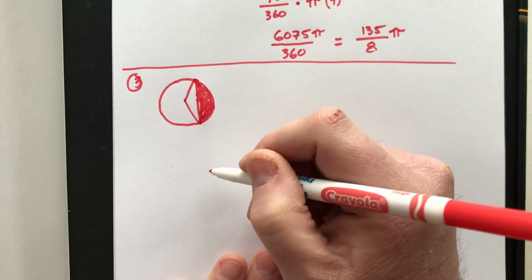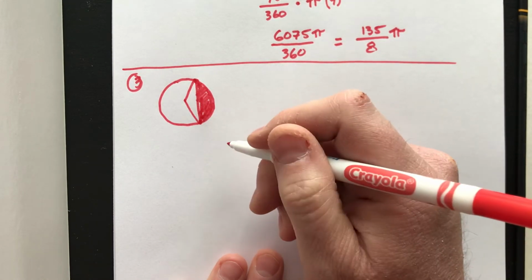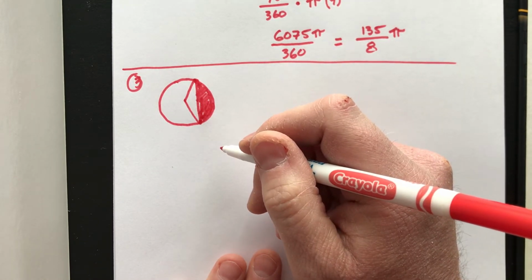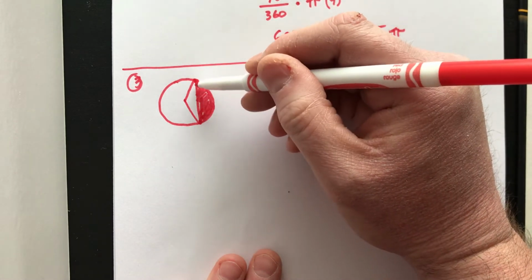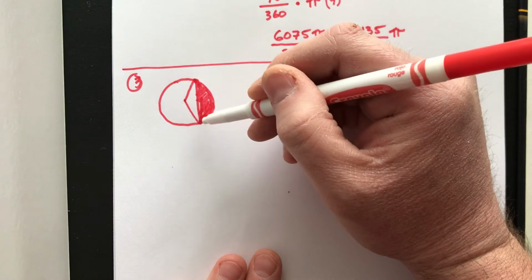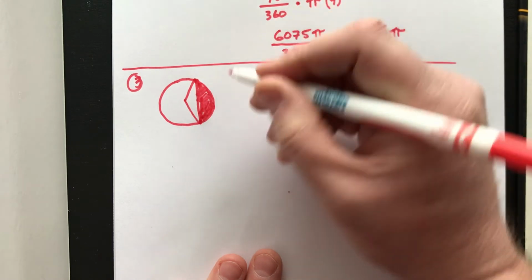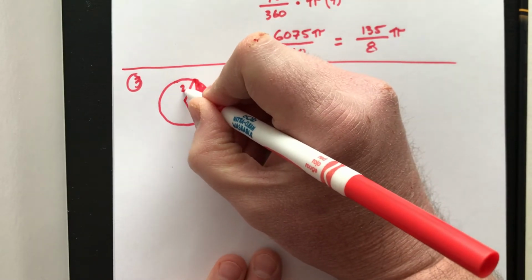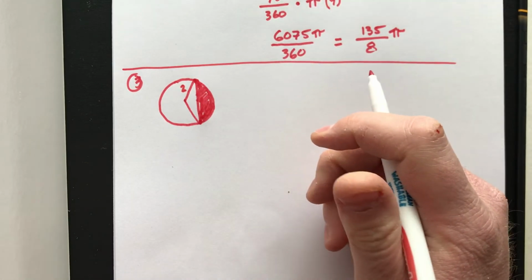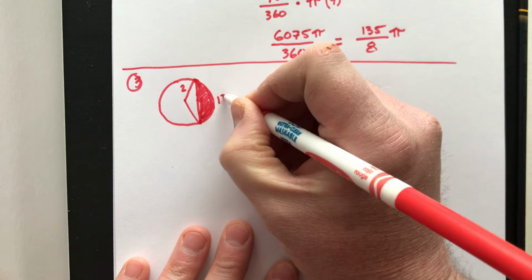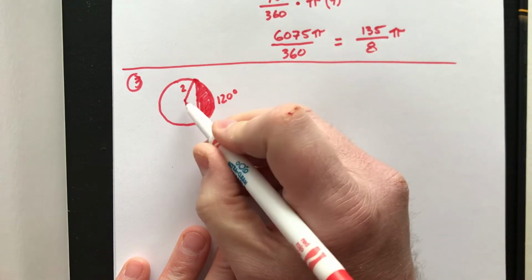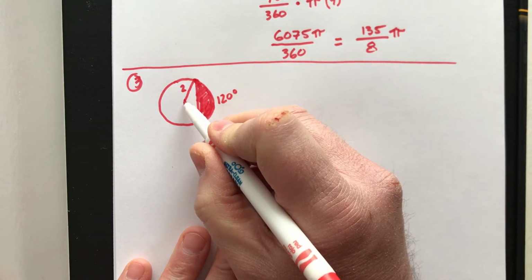So guess what we have to do? We need to find the area of the sector, and then subtract the area of this triangle right here. They tell us that this is 2. They tell us that this here is 120 degrees, which means our central angle is 120.